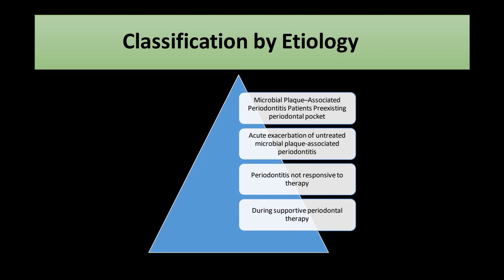Okay. The next etiological factor would be the acute exacerbation of untreated microbial plaque associated periodontitis. So what do we mean by that? You know that periodontitis occurs in periods. There are periods of disease activity followed by periods of disease inactivity.